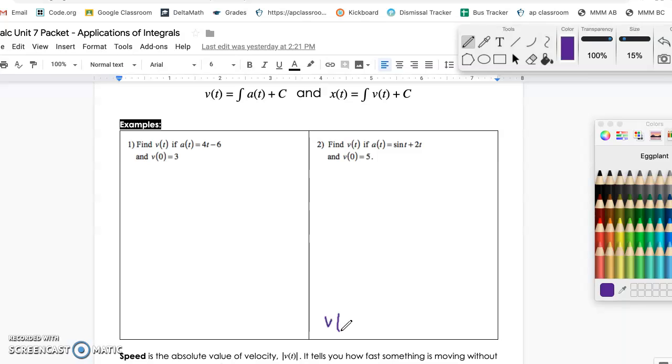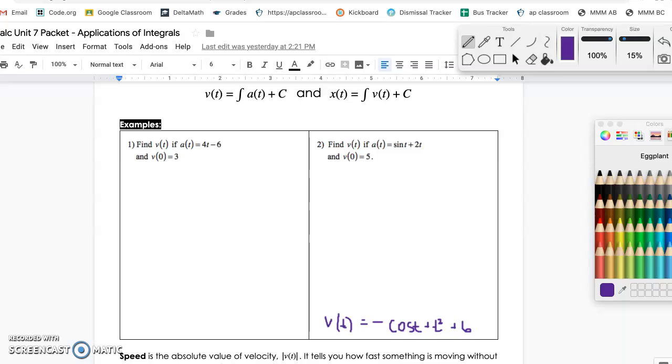So you'll have v of t equals negative cos t plus t squared plus 6. Apologies that I erased that. If you guys need to go back in the video, feel free.